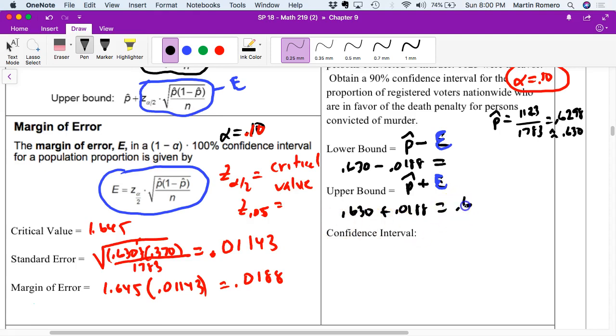You have 0.6488, and then your lower bound is going to be 0.6112. And so then we have a confidence interval. Confidence interval is 0.6112 to 0.6488. That's what we would use.